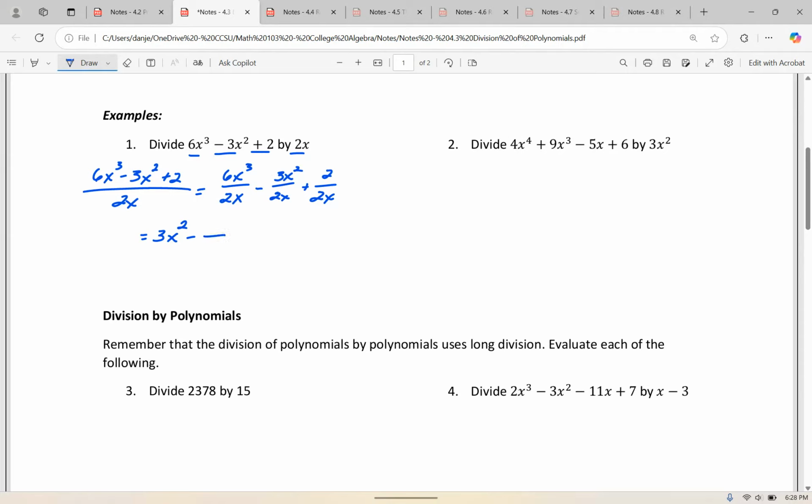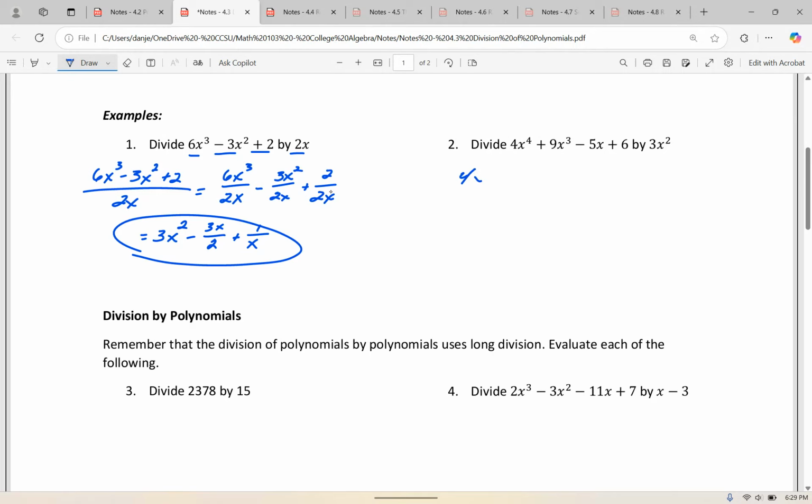That's not going to divide. And x squared divided by x is just a single x, so I have 3x over 2. Then finally, I have 2 divided by 2 over x. 2 divided by 2 is 1, and the x remains in the denominator. And that is dividing by a monomial. We're welcome to stop there.